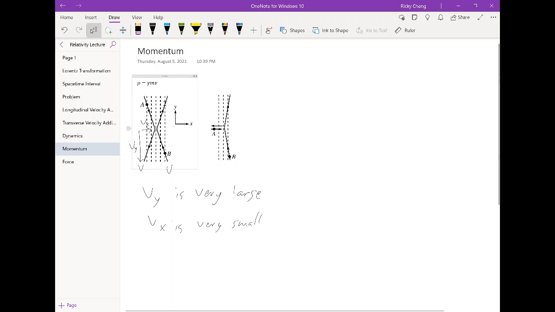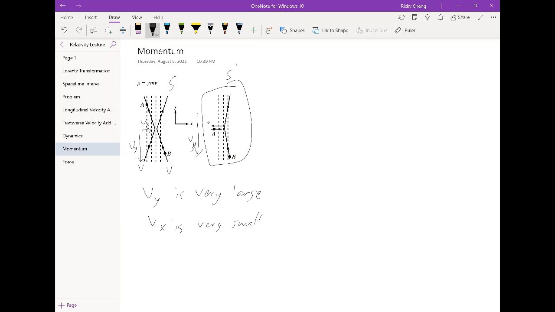Clearly momentum is conserved in this reference frame. We basically set it up like that. But now look at another reference frame that is moving with a velocity of Vy downwards, in the same direction that A is moving. If this frame is S and this frame is S prime, then the velocity of S prime relative to S is Vy downwards.